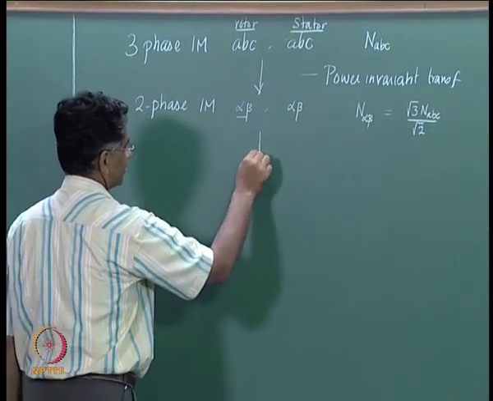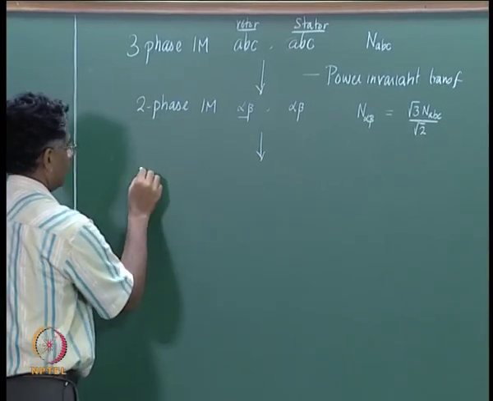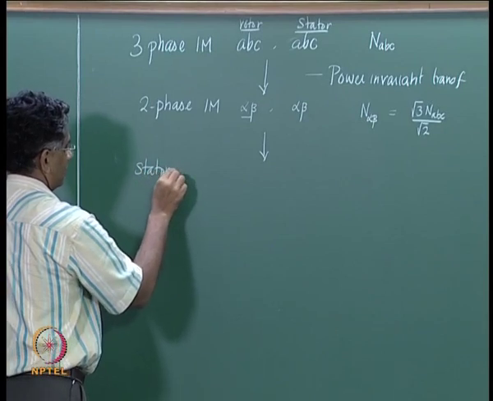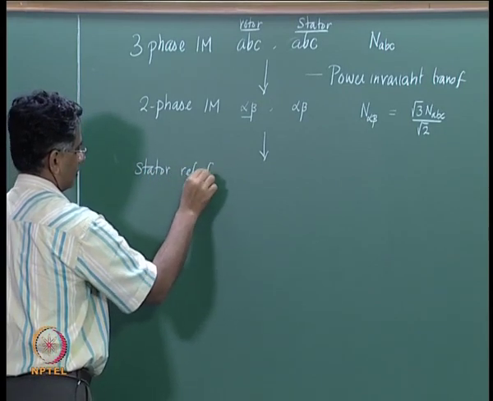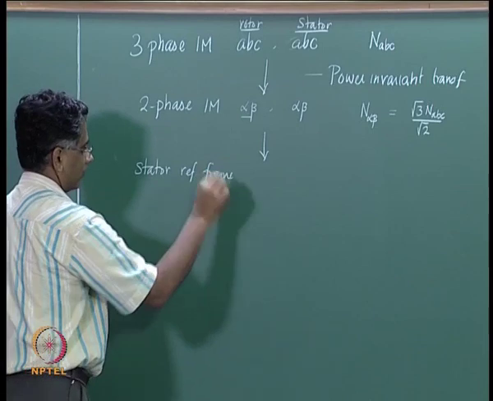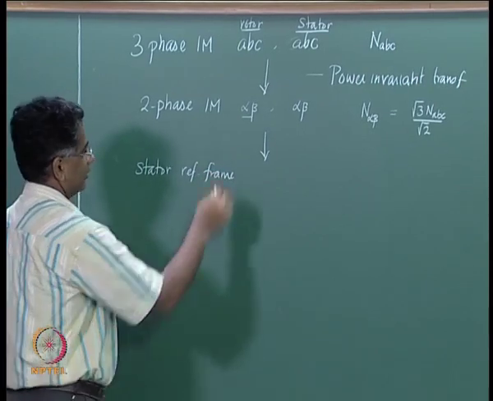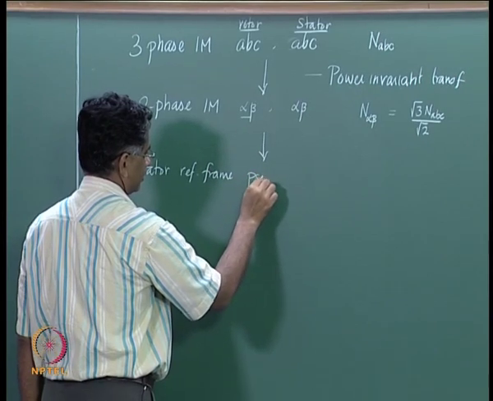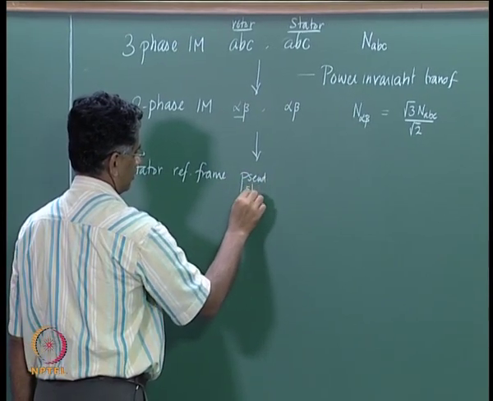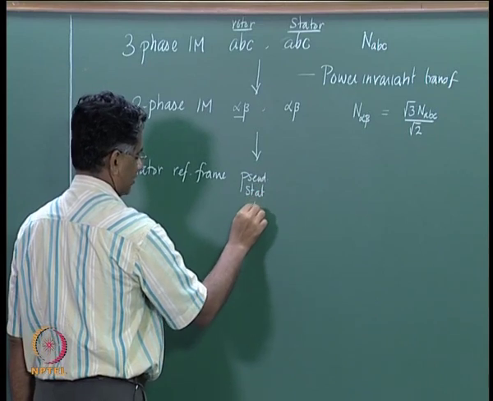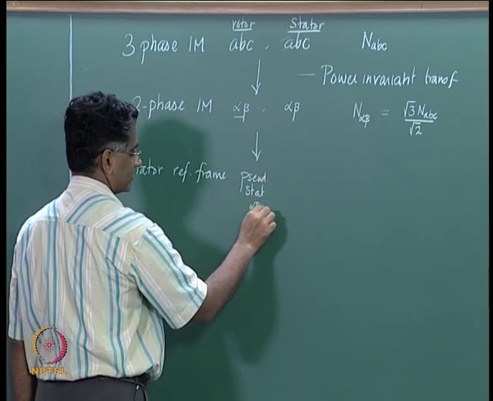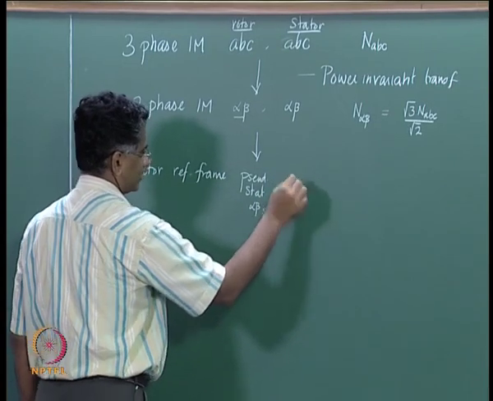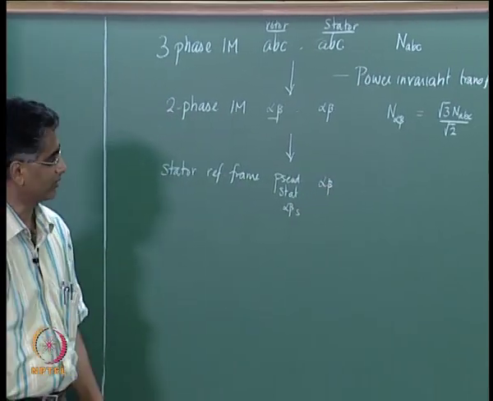And then from this we have gone on to the stator reference frame, all referred to the stator. That means the rotor is now referred to pseudo stationary coils in the alpha beta of the stator, and the stator remains as it is in the alpha beta reference frame.